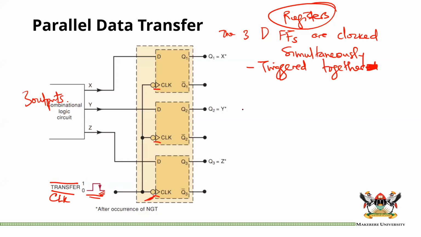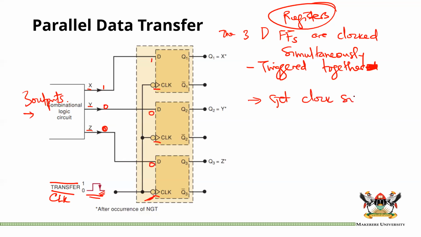Now, if I have my inputs X, Y, and Z, let's assume that X is a 1, Y is a 0, Z is also a 0. These are coming from the combinational logic circuit. And that means this 1 is saturating all the way to there, this 0 is saturating all the way to that point, and another 0 saturating there.